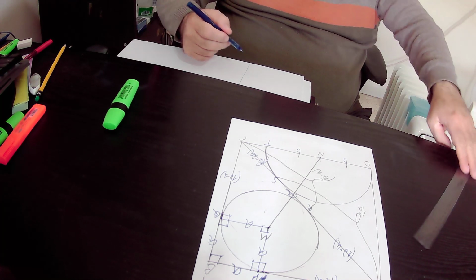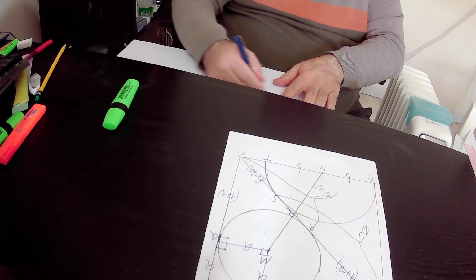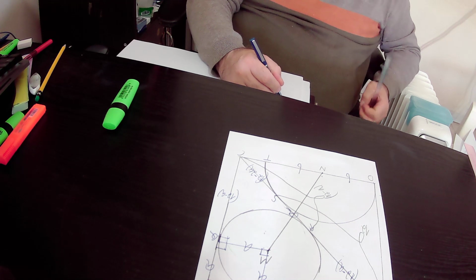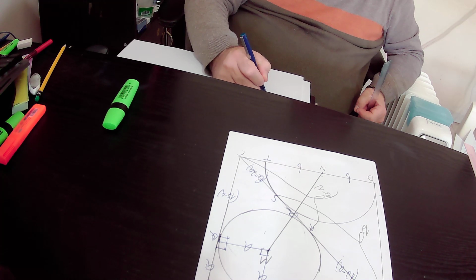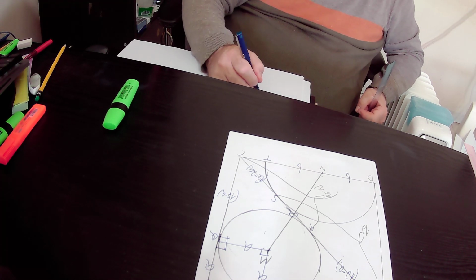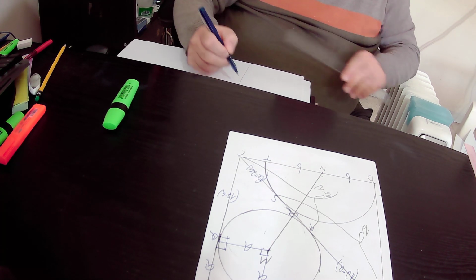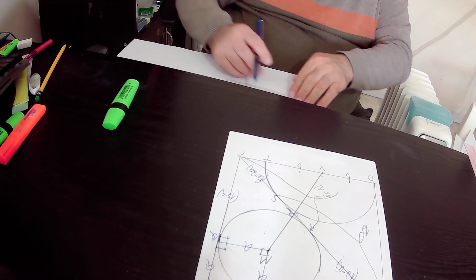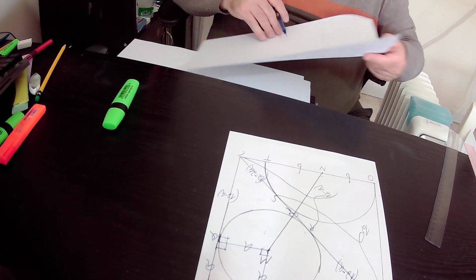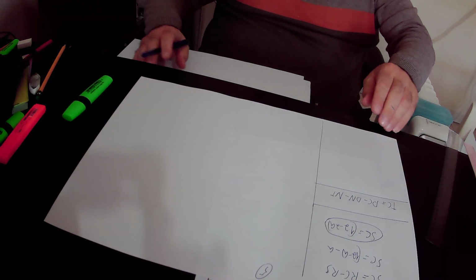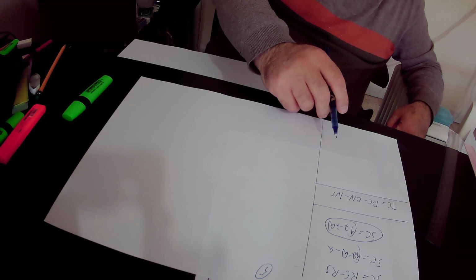And what is the value of TC, line segment TC? It is very easy to see from the drawing that TC equals DC minus DN minus NT. I repeat again, the value of line segment TC is DC minus DN minus NT.